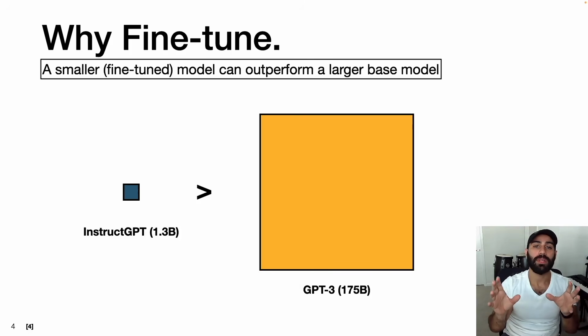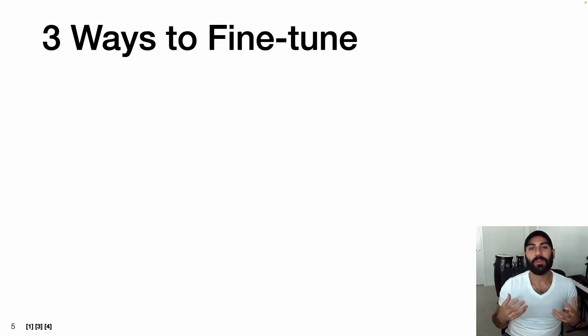This is one of the biggest upsides of fine-tuning. You don't have to rely on some massive general purpose large language model to have good performance in a particular use case or application.